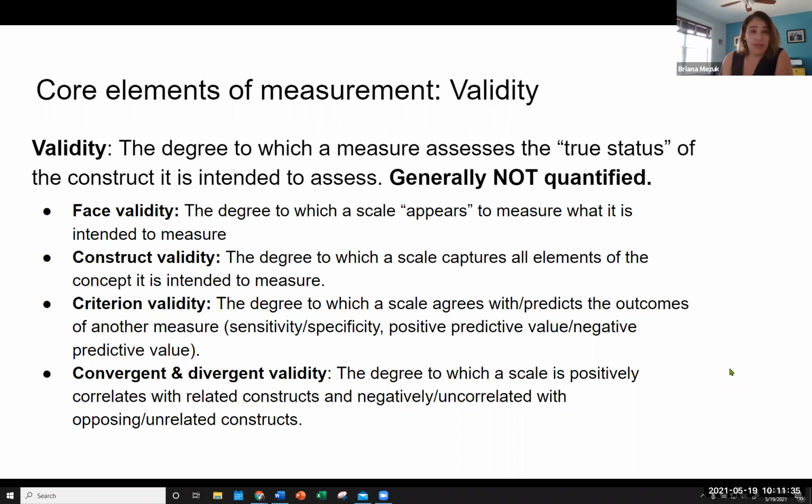And then we also have convergent and divergent validity. This is the degree to which your scale is positively correlated with related constructs. We know that depression and anxiety, for example, are positively correlated. And it's negatively, or more likely uncorrelated or weakly correlated, with opposing or unrelated constructs. So a scale of depression, we would expect to be strongly positively correlated with anxiety and largely uncorrelated with, for example, a measure of conduct problems.